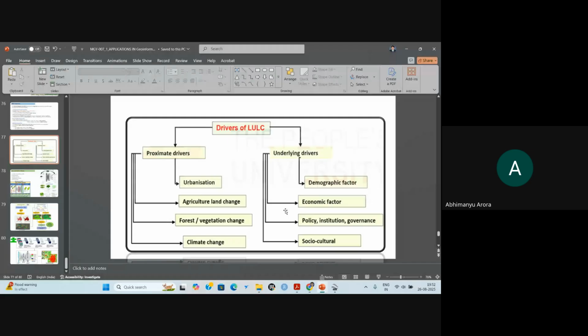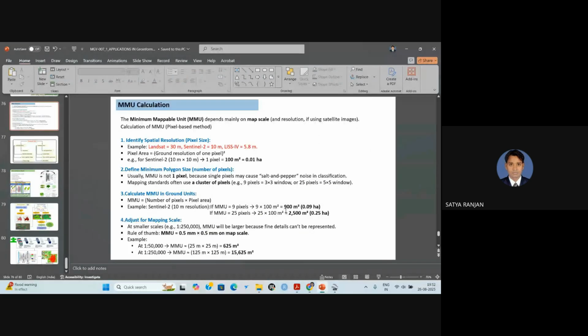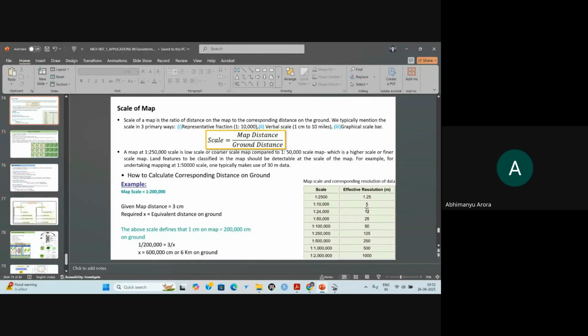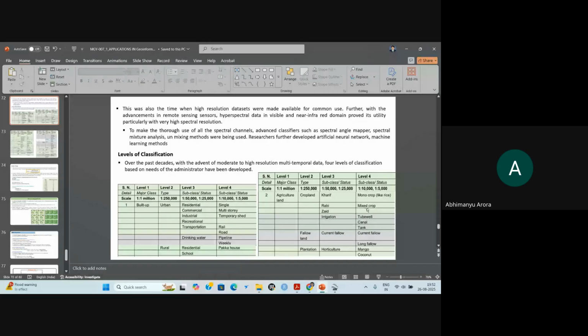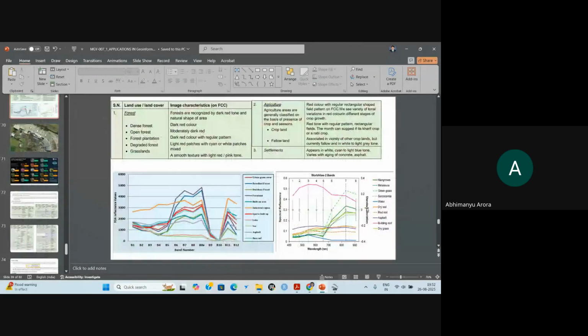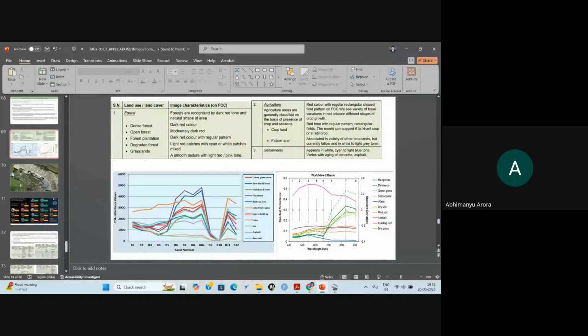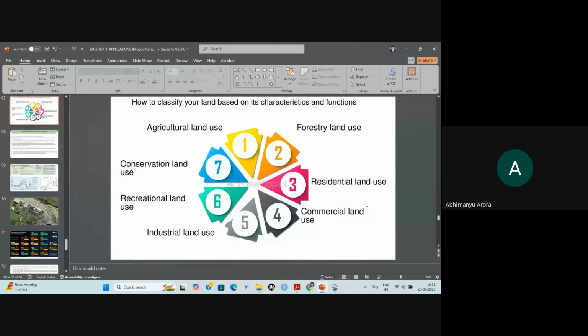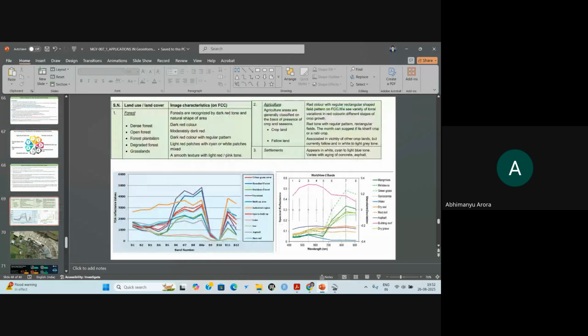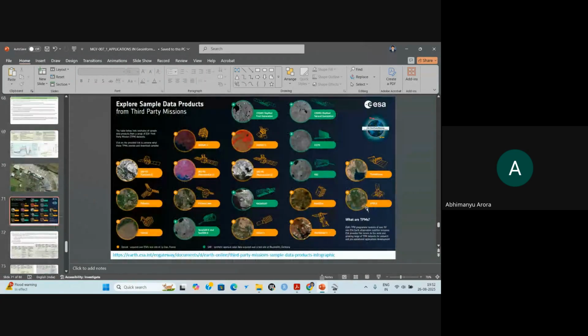So the table that you showed, that different scales have different, before that you were showing how different landforms can be distinguished.